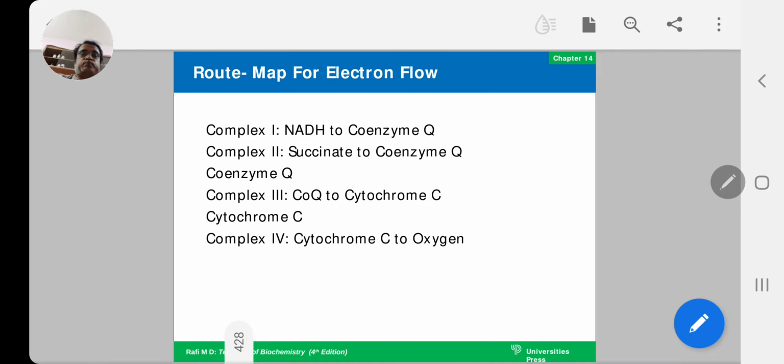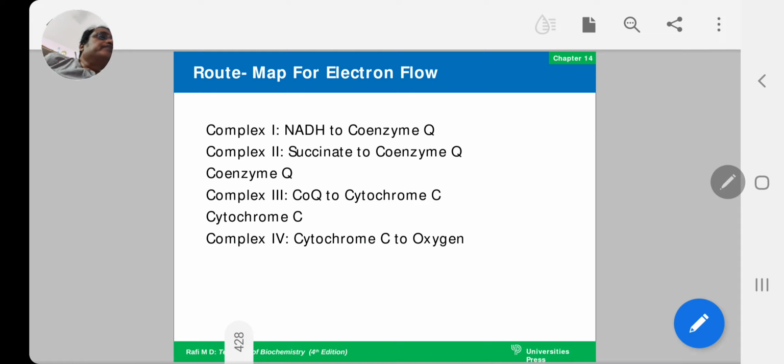Only 2 protons are transported out of the matrix per pair of electrons passing through complex 4 because of a smaller thermodynamic driving force. This is in contrast to the 4 protons each that are pumped out of the matrix during flow of electrons through complex 1 and 3.